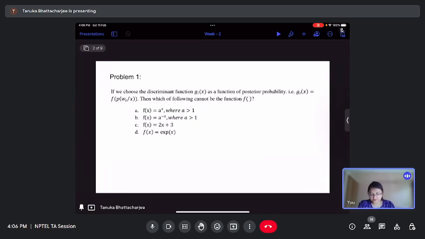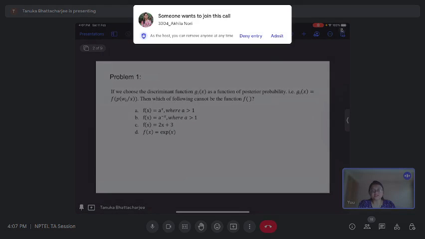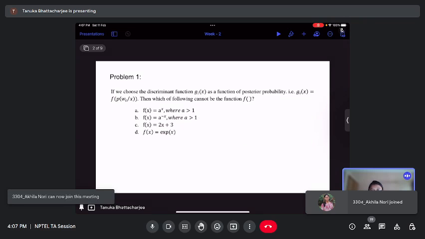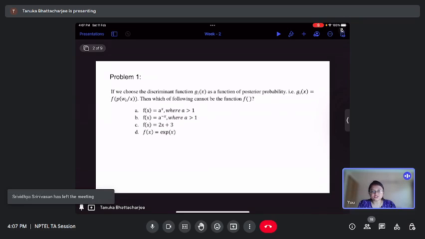The first problem we have today is: if I choose the discriminant function g_i(x) as a function of the posterior probability, that is, g_i(x) is some function f of the probability of omega_i given x, then which of the given functions cannot be the function f suitable for a discriminant function?